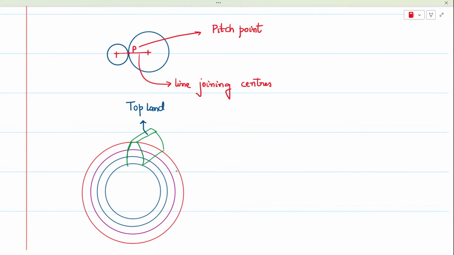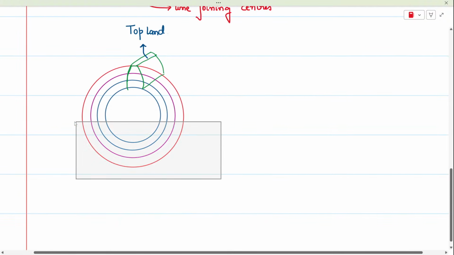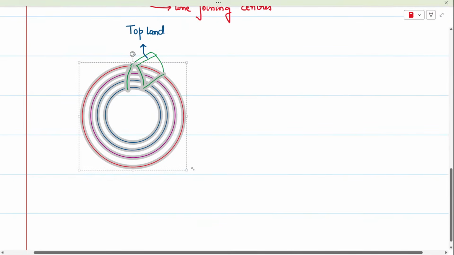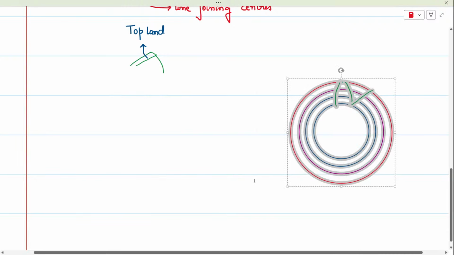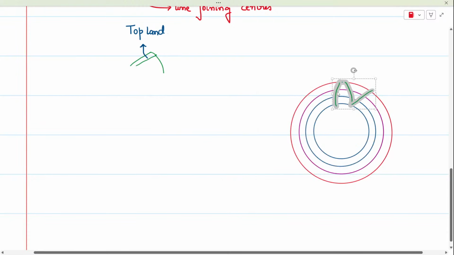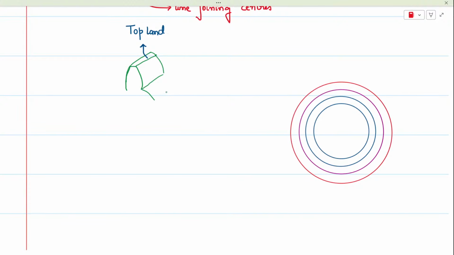Adjacent to this tooth, there will be another tooth mounted. These two teeth will be separated. Let me remove the circles from here. Adjacent to this tooth, there would be another tooth that is being cut.